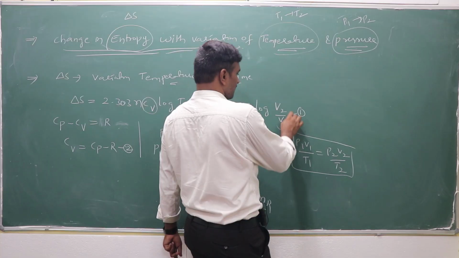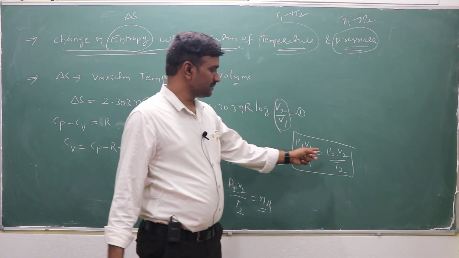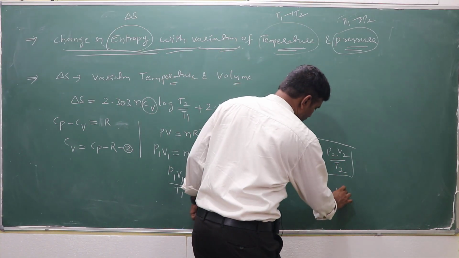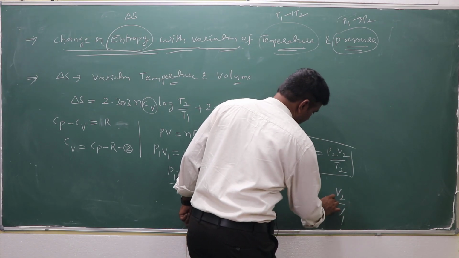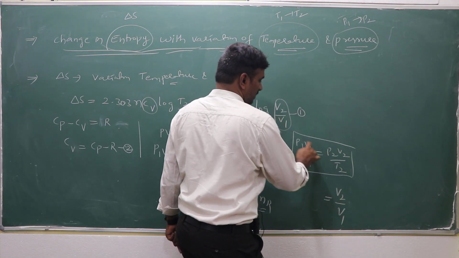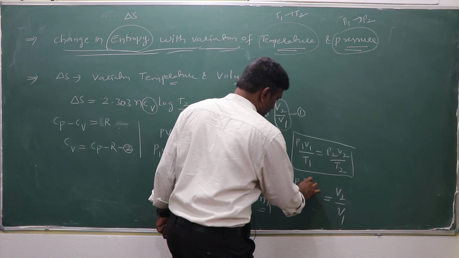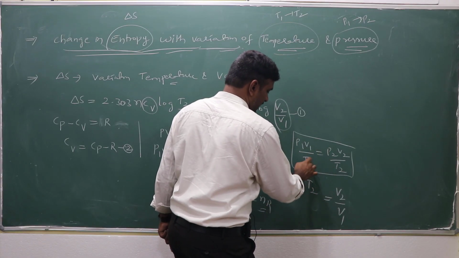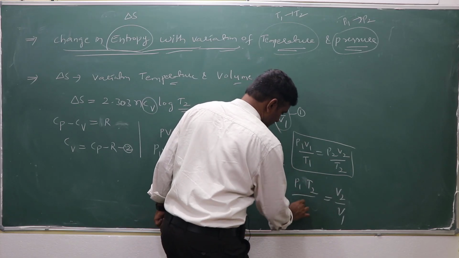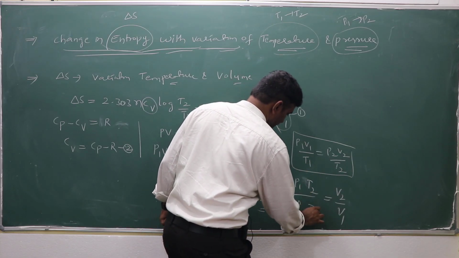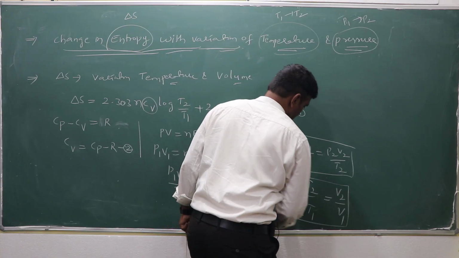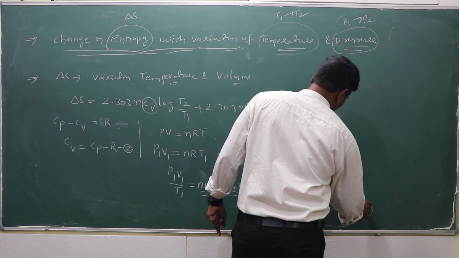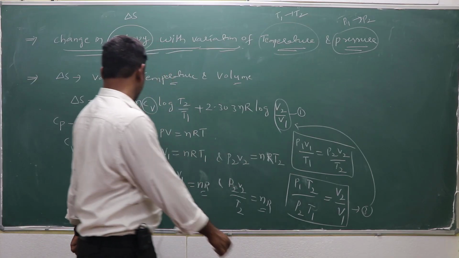From this, V2 by V1 goes to one side, with V1 on the right side, so V2 by V1 is equal to P1 into T2 by P2 into T1. This is equation 3 and that is equation 2.